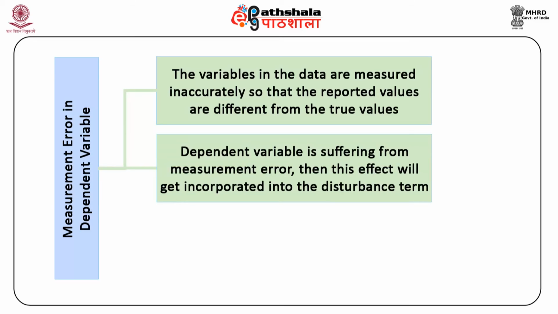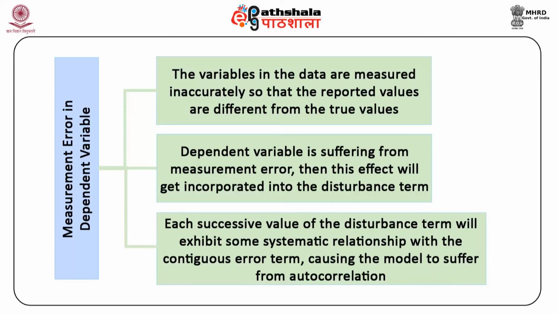If the dependent variable is suffering from measurement error, then this effect will get incorporated into the disturbance term. So each successive value of the disturbance term will exhibit some systematic relationship with the contiguous error term, causing the model to suffer from autocorrelation.